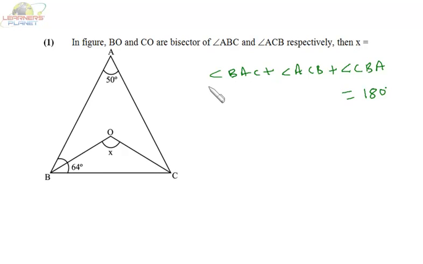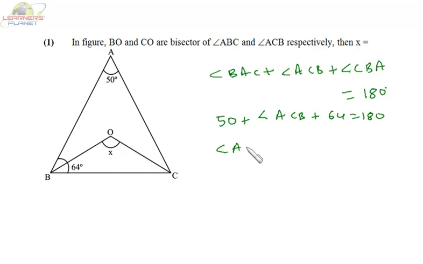Now BAC is 50 degree plus ACB, that we have to find out, plus CBA is 64 degree. So it's 180.